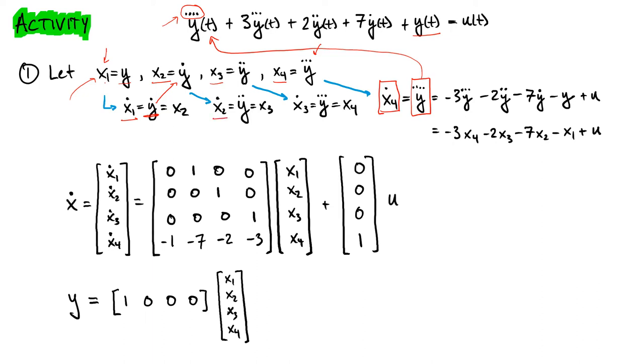So when I do x2 dot, that's y double dot, and that's exactly what we defined as x3. Then I take x3 dot, that's y triple dot, and that's exactly what I defined to be x4. And then finally, we take the derivative of our last state, x4 dot, that's y quadruple dot, and that's when we don't have any more information from this line, so instead we come back up to the first line.